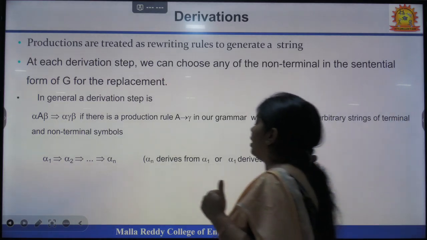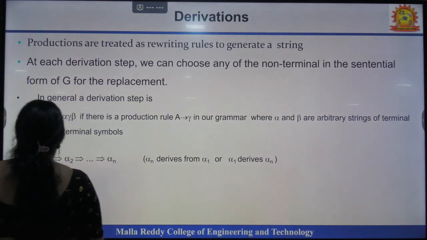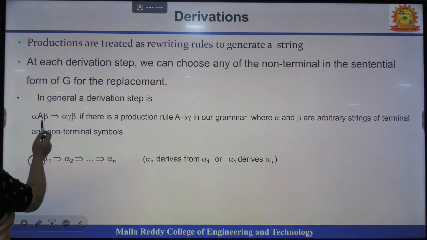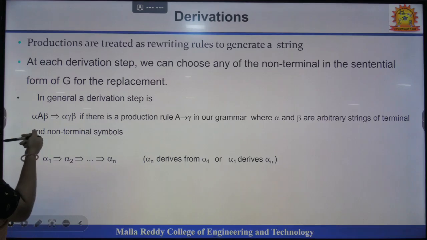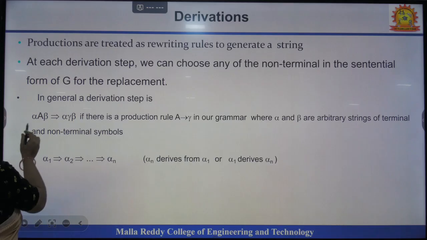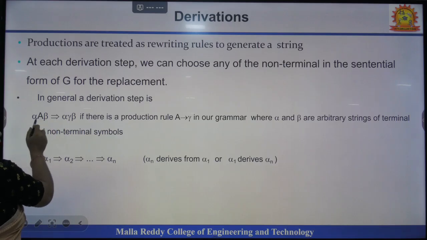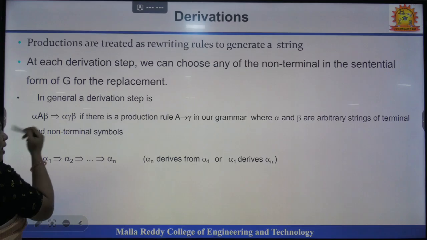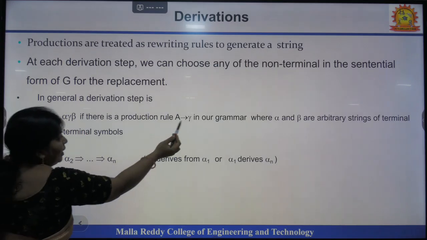For example, for getting that, we need to replace the non-terminal symbols with their production values. For example, if alpha capital A beta is there, this A can be replaced with gamma if we have a production A tends to gamma.